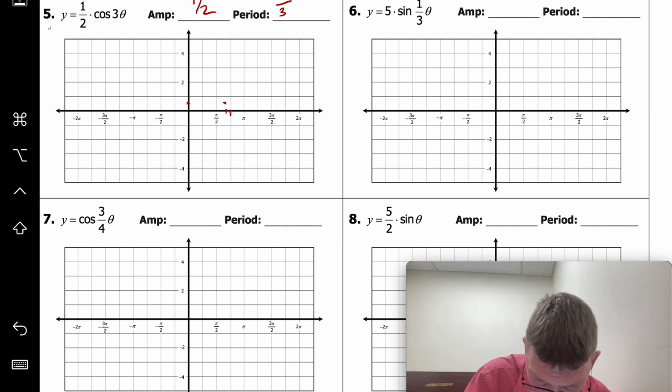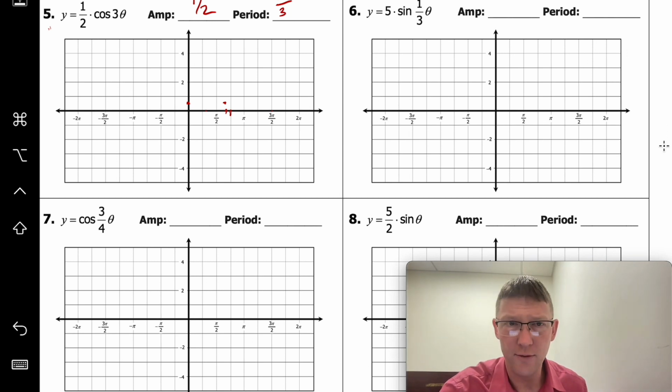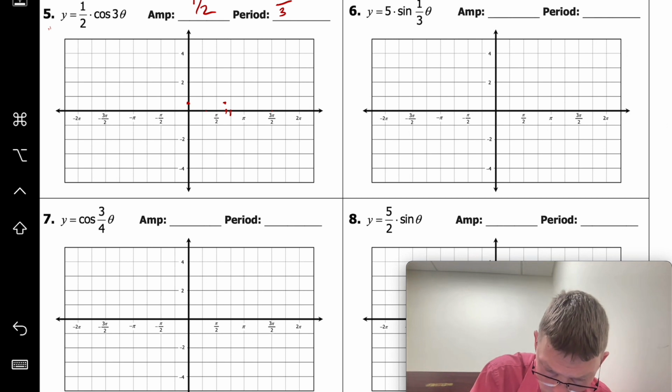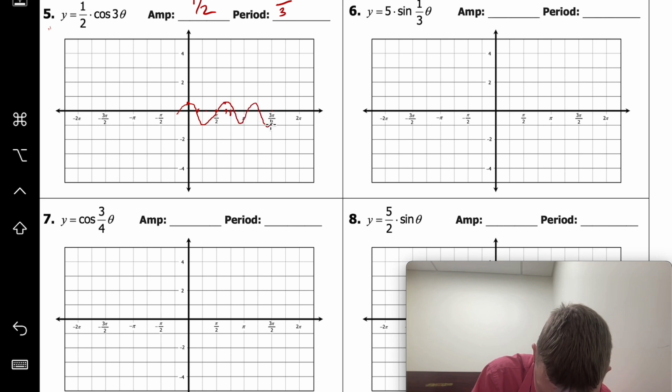So then halfway in between that, we're getting a little off of the lines, but that's okay. So our period has to, so we come up, then we have to go down and then come back up by the time we get there. So here's our halfway point, and then halfway in between there and there, we're going to go down and then up, and then we'll just keep it going.